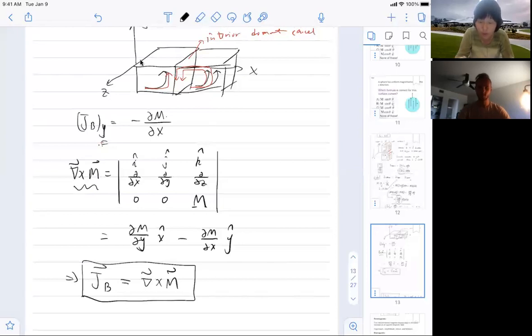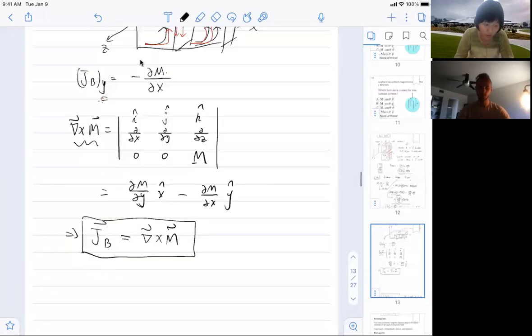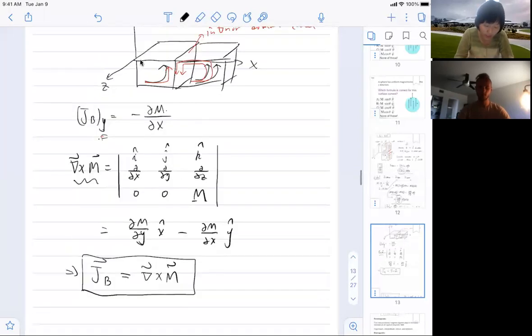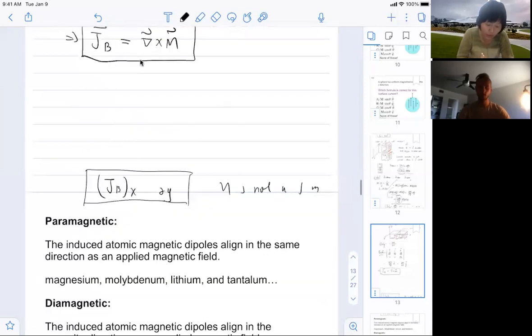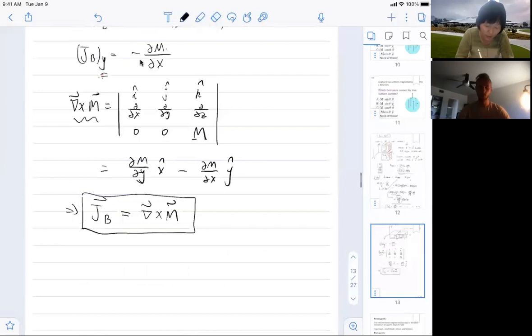When it's uniform, everything inside cancels, leaving only the bound current on the outside surface. But when it's not uniform, you're going to have some net current within, and you can calculate it using the curl. We will not ask you to do the derivation as you've seen it. But once we've seen it, all we do is simply apply this result.